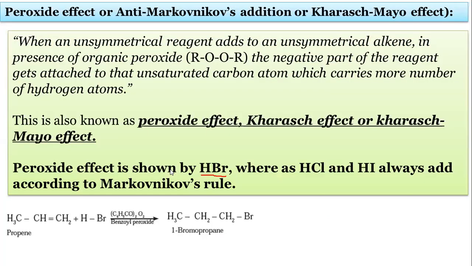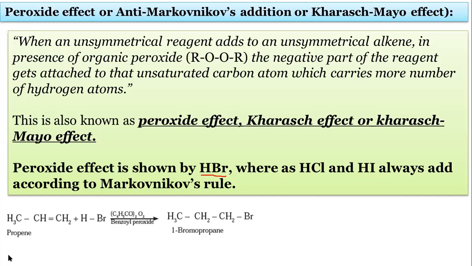And in anti-Markovnikov's addition, it takes place only in presence of peroxide. Look here, now here there are 2 hydrogens and here 1 hydrogen. So this bromine gets attached to carbon number 1 here.